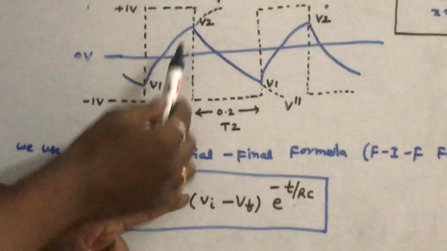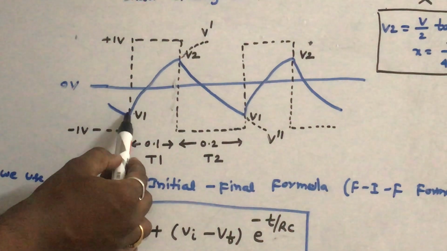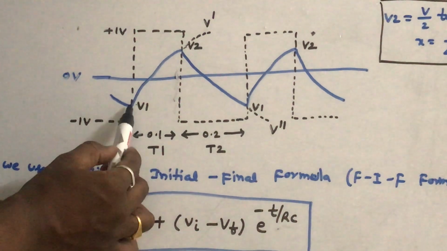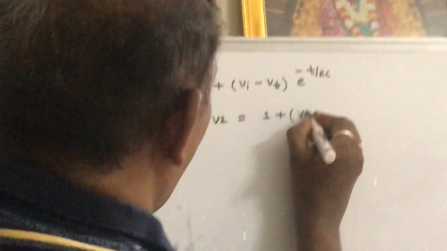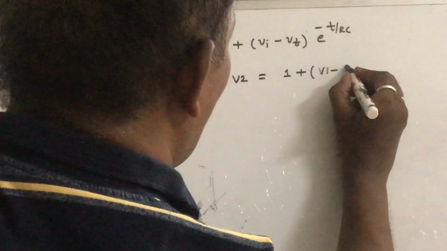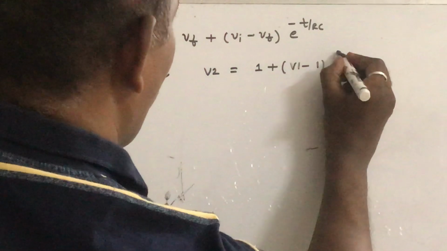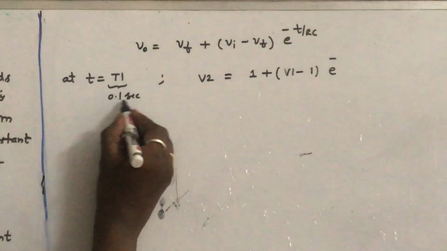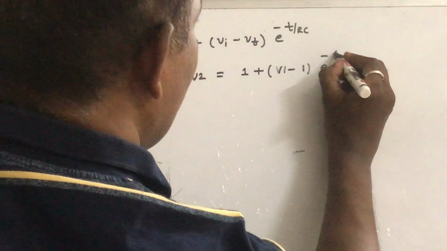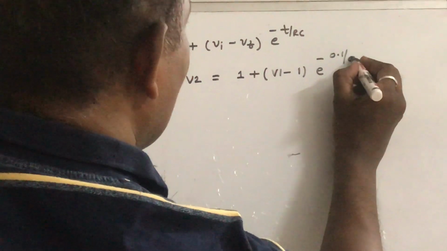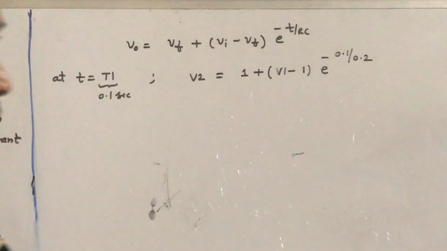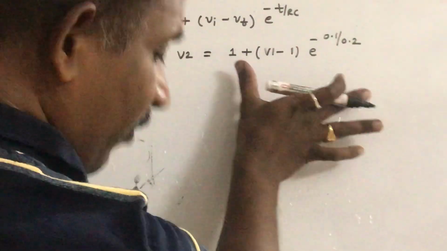You can see this waveform is starting at an initial value of V1. So V1 minus the final value, 1 volt, into e power minus T1, at time T is equal to T1, that is 0.1, by the time constant of the circuit, which is given as 0.2. So this is the first thing we have to write.